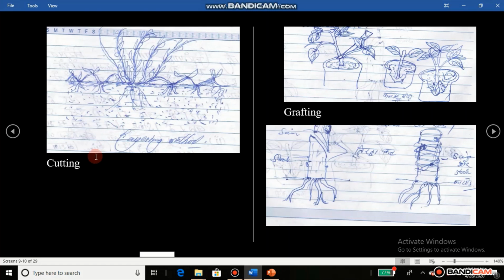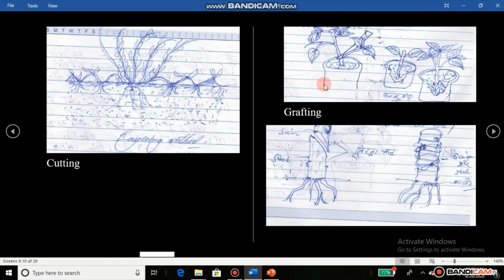Now the next one is cutting. Cutting method, you see, here is the diagram of cutting. Cutting means you cut parts of a plant, and that part you put inside the soil. That is the meaning of cutting.